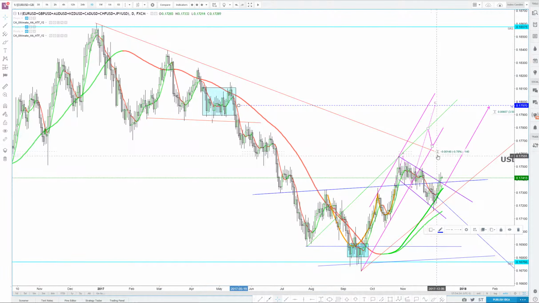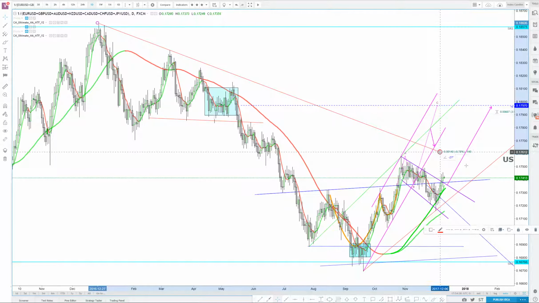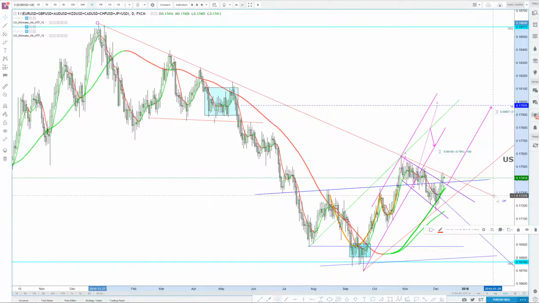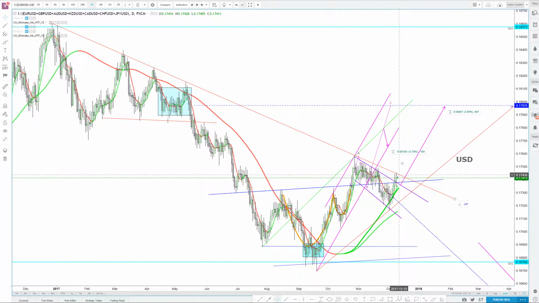So we're going to draw this. Oh, we kind of did. So yeah, this is the trend line that we need to break for sure, and then pull back to it, and then going higher. I need to clean up this chart.